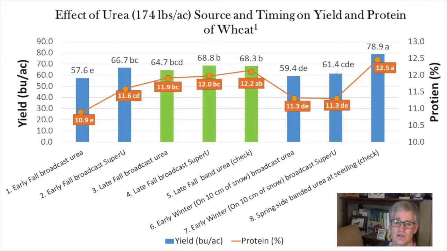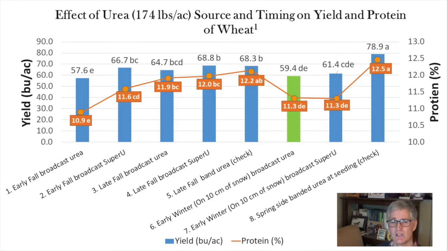If you compare it to our late fall banded urea check, there isn't too much difference there. But our late fall banded urea check is still worse than our side banding at seeding check, even though we should not have lost anything to volatilization when we banded it in the fall.